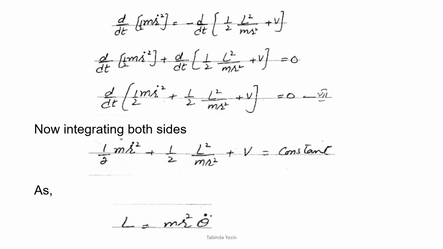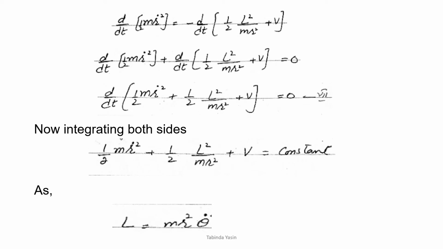Now integrating both sides, the differential and integration cancel, so we have the equation 1 over 2 m r dot square plus 1 over 2 L square over m r square plus V, and we know that by integrating, that is equal to a constant.